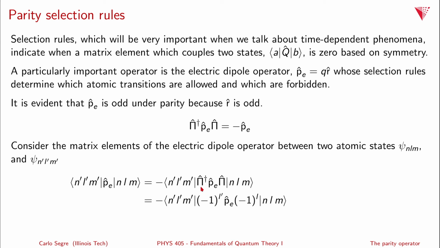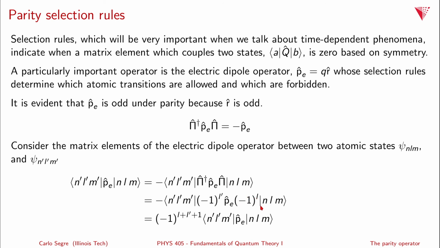But we know what the pi operator does, because we can move it over here and it becomes a pi, and when you apply it to this psi n prime l prime m prime, we get minus 1 to the L prime power. When we apply this parity operator to the right, to the ket, we get minus 1 to the L power.